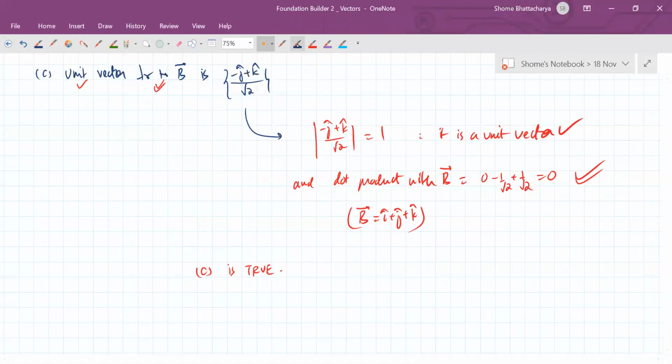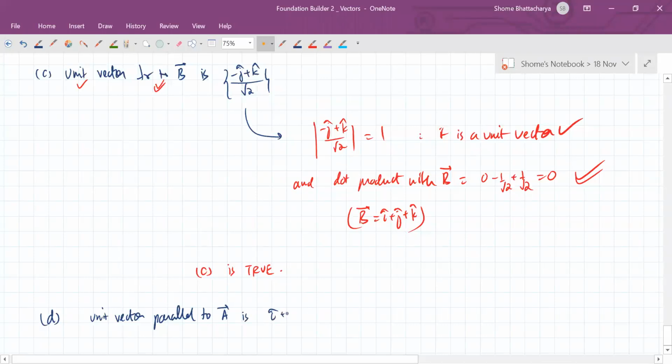Okay. But if you look at statement D, that one is not true, because D says that a unit vector parallel to A is this. But you can see that A cap was a different vector.